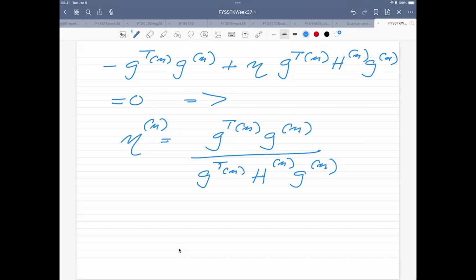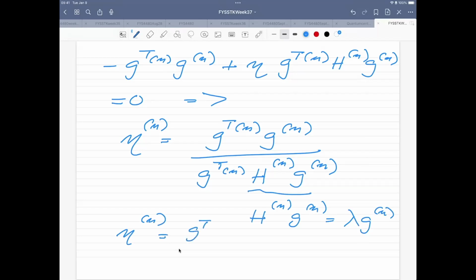Now, I can make a small assumption, and that is that this G is an eigenvector of H. So suppose that H of n, this is just a very, very rare case, but suppose that this is the case. Then eta of n is going to be equal, and now I'm going to skip the superscript n, to G transpose times lambda times G, over G transpose G, and that is 1 over lambda.